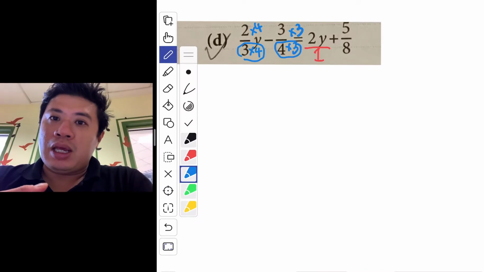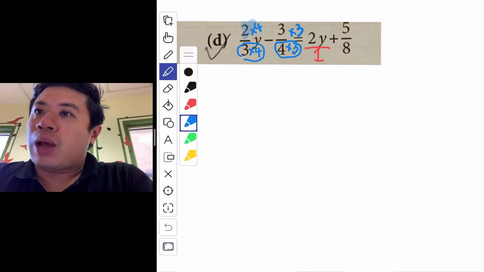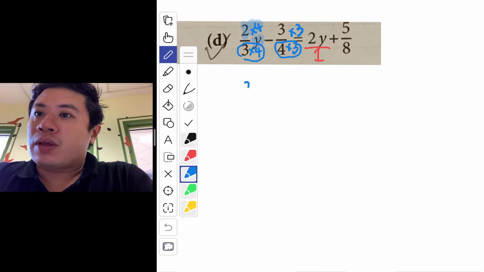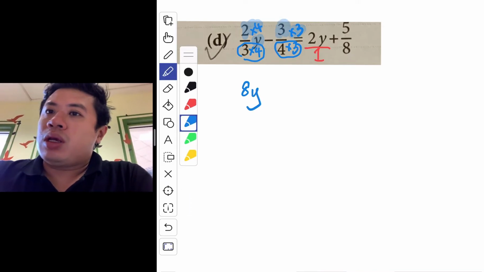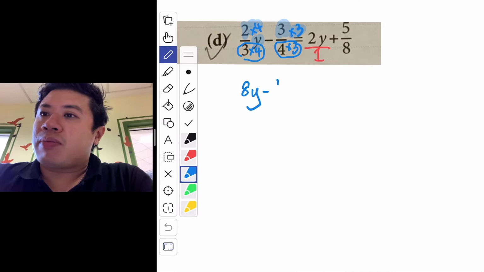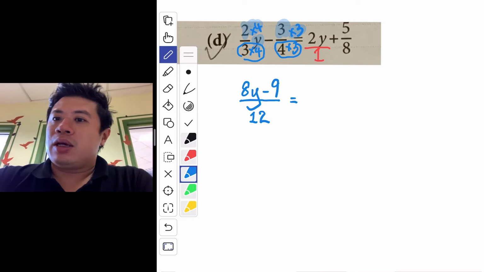This will allow me to put the left hand side into one fraction. So 2 times 4 times y, this is 8y. 3 times 3, this is 9, so there's a minus 9 over the denominator 12.